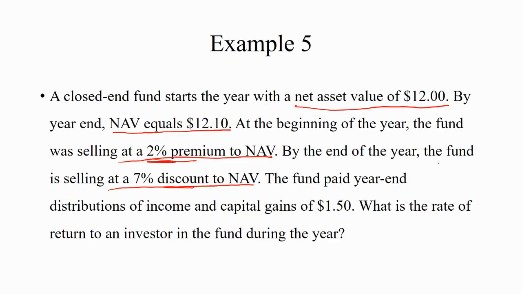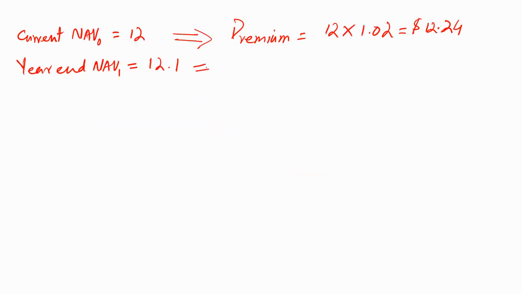Likewise, at the end of the year, the fund was selling at a 7% discount to NAV. So we can find the discount also. At the end, the NAV was 12.1.